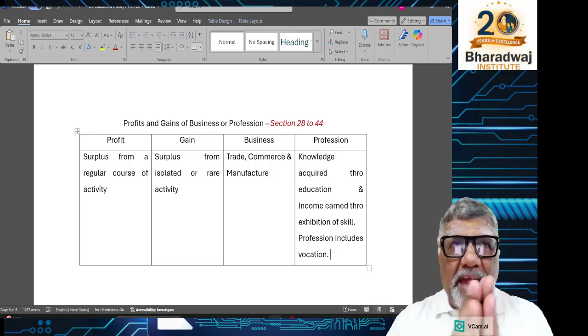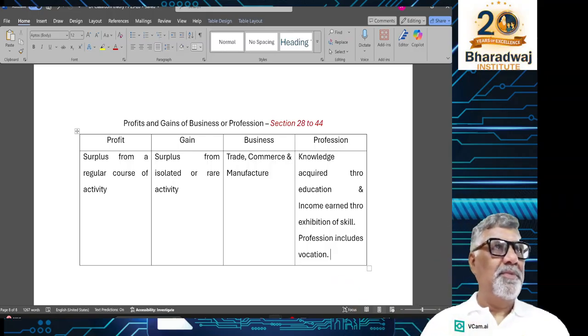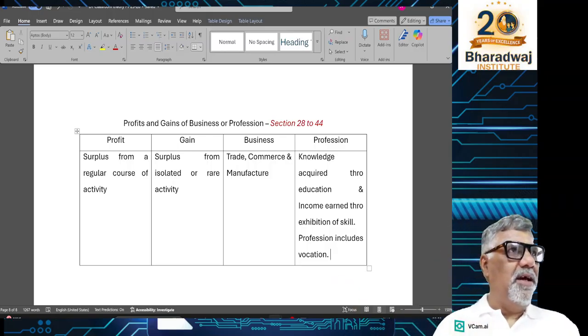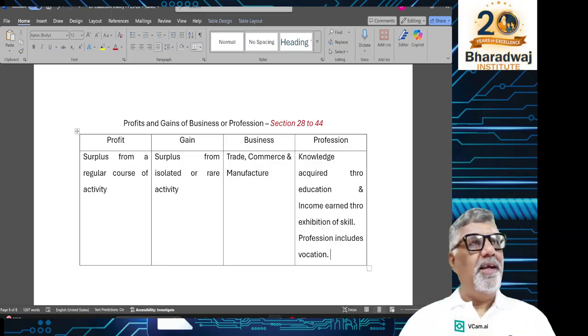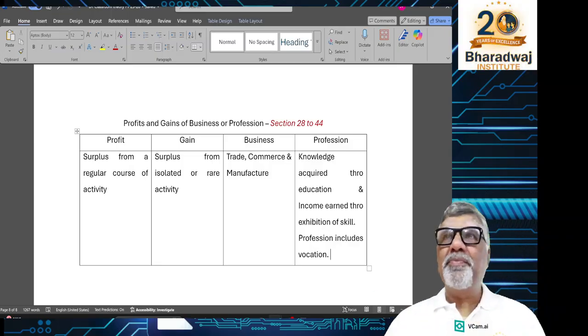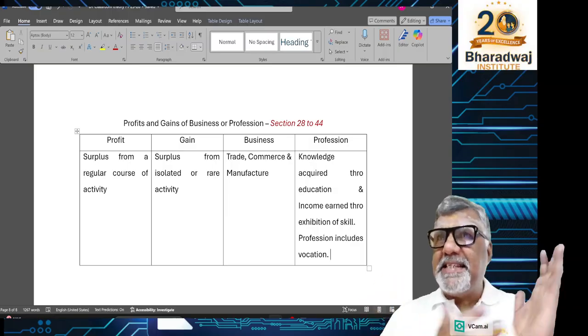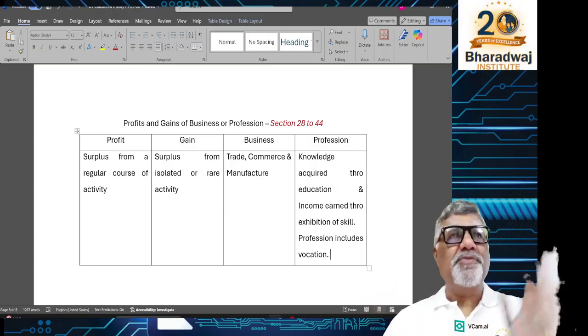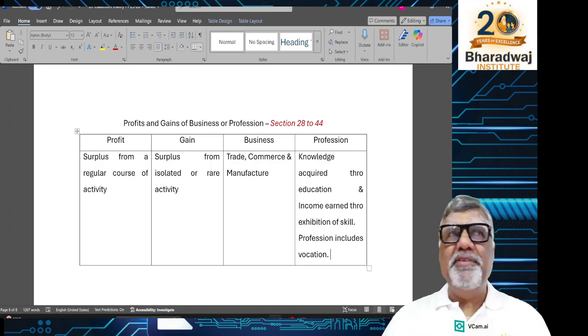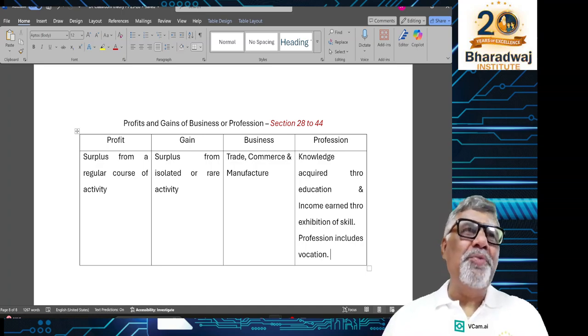We understood every term: profit, gain, business, profession. How is this chapter divided? Out of the 16 sections you see, 28 to 44, a couple of sections are scrapped. Leave that. You will be really amazed if you just recollect your law.